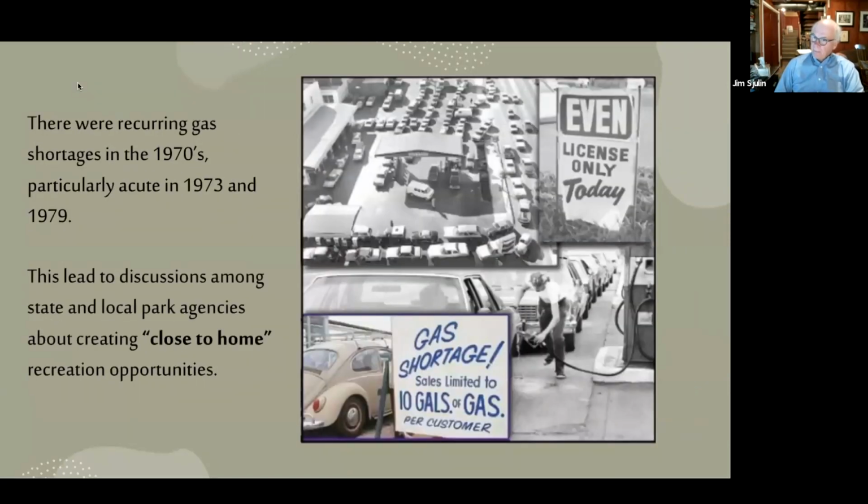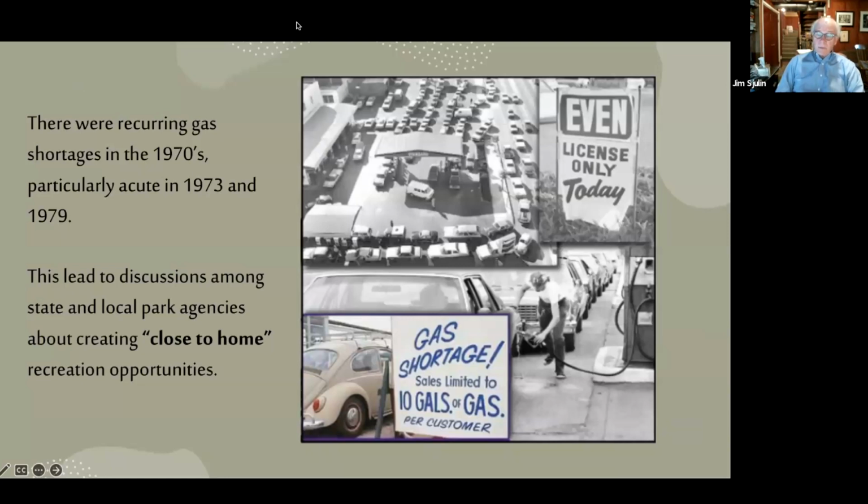We had the famous gasoline shortages of the 1970s, and the reason that these are important for this story is that it spurred conversation among local and state park providers to develop close-to-home recreation opportunities. So I actually have minutes of a meeting that was held in the 70s where some of these ideas were discussed.